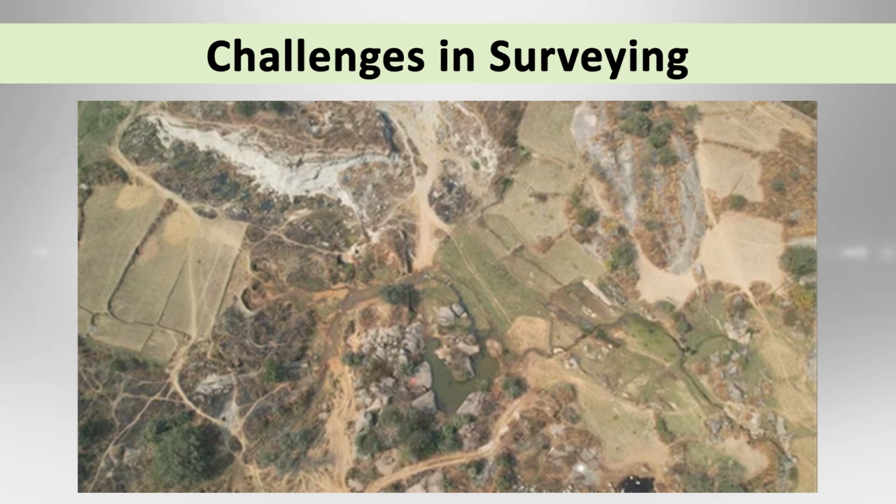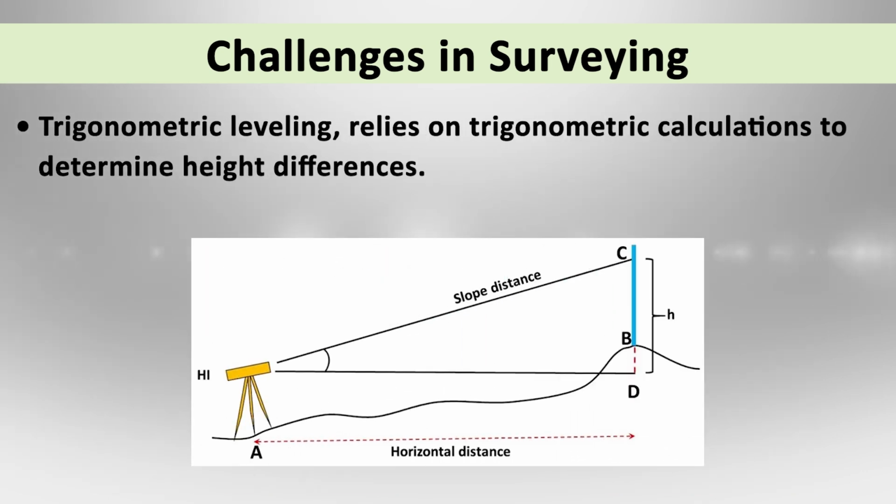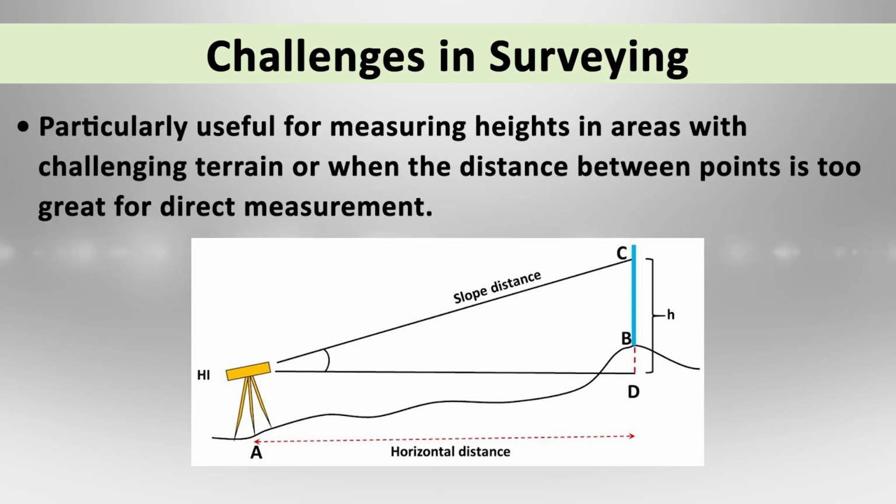Trigonometric leveling relies on trigonometric calculation to determine height differences. This method is particularly useful for measuring heights in areas where challenging terrains are there, or when the distance between two points is too great for direct measurements.